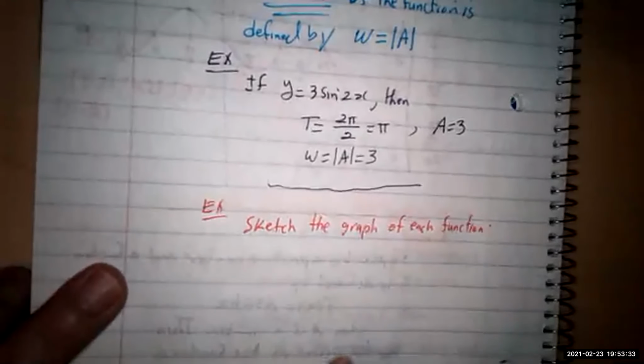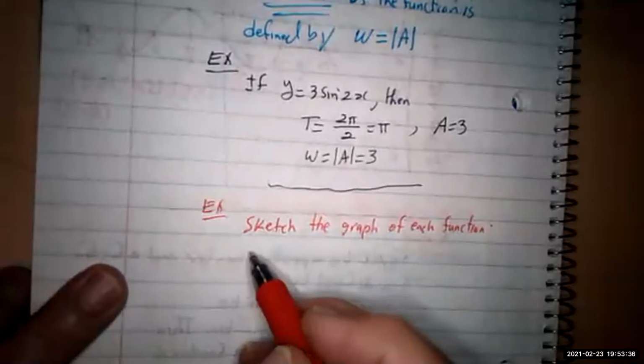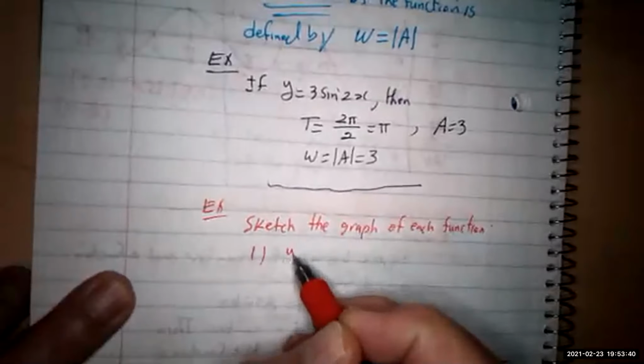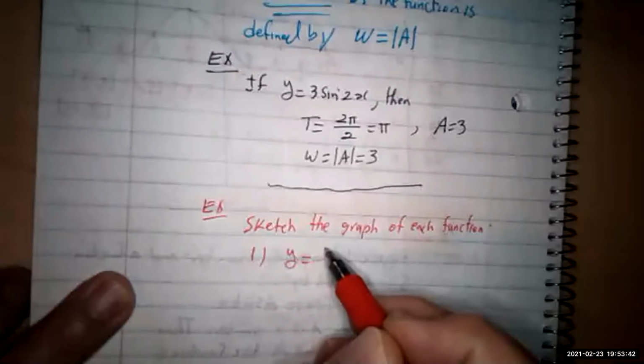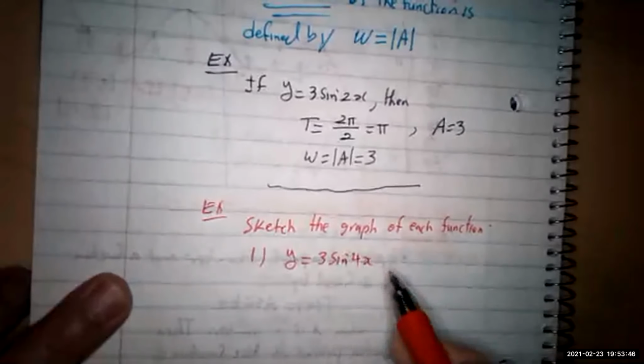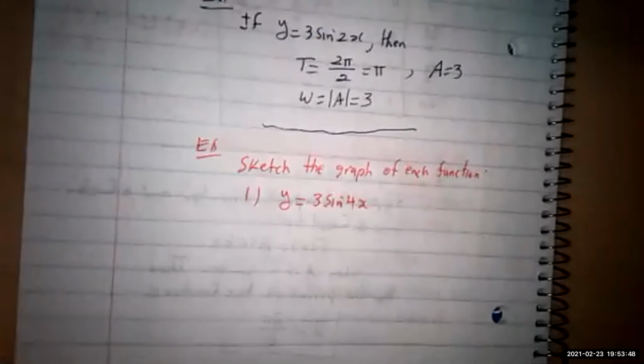Let's try this one, number 1: y equal to 3 sine of 4x.